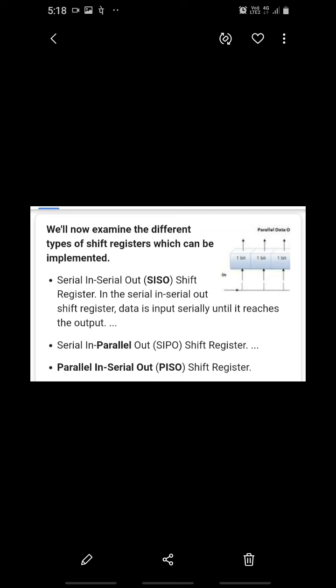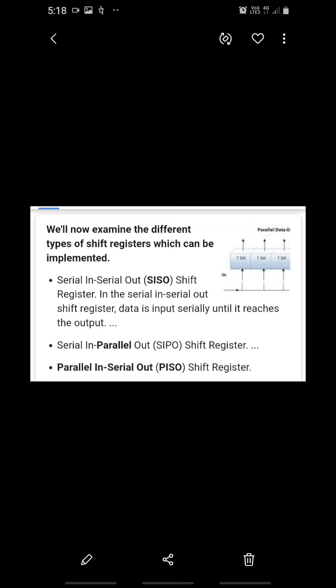Data shifting may be from right to left or left to right. If the data is shifted from left to right, the shift register is called the shift right register.